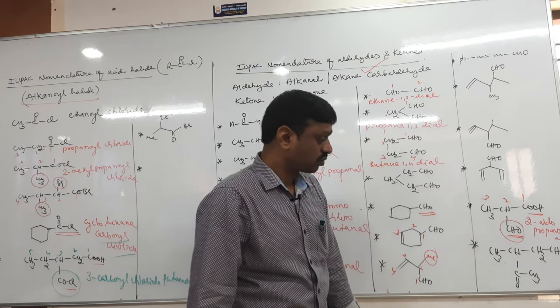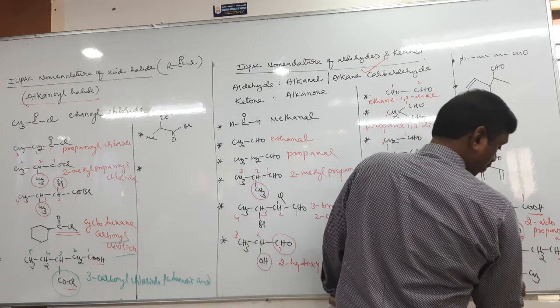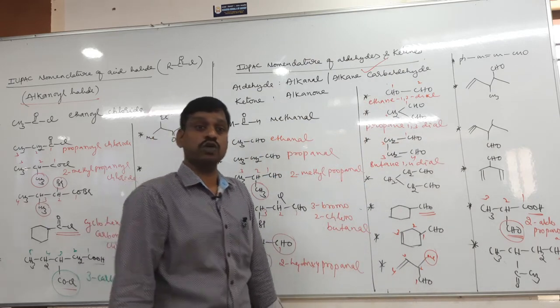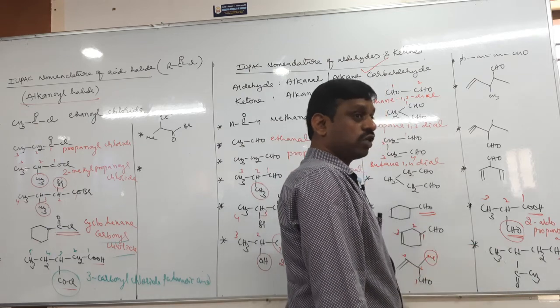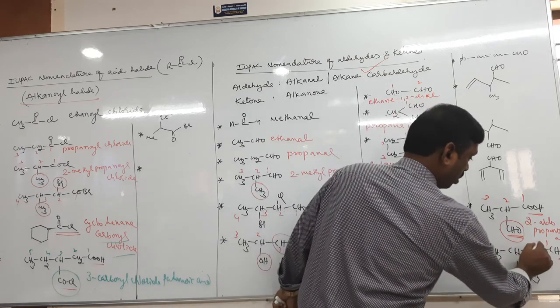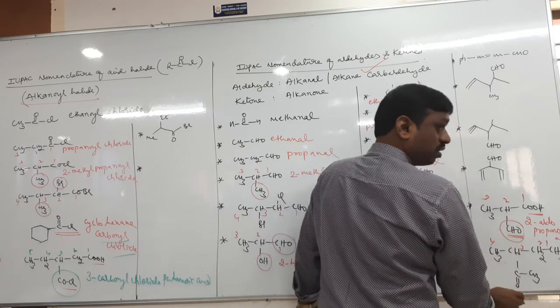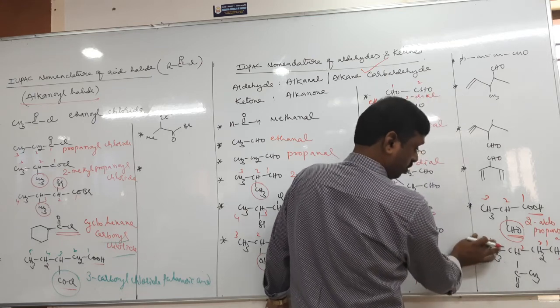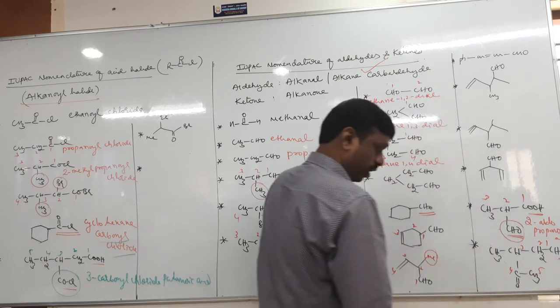Next, here is an aldehyde group, and this is a keto group. When there is an aldehyde and a keto group, which is taken as the principal functional group? Aldehyde. Then this keto group is a substituent. Therefore 1, 2, 3, 4, 5 numbering; the substituents are on the third and fourth carbons.